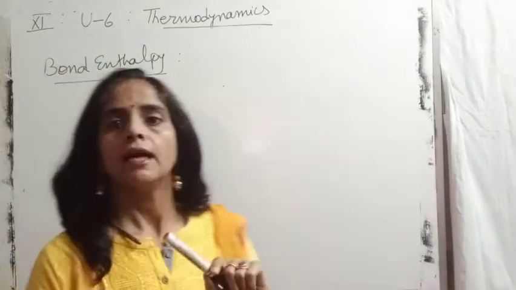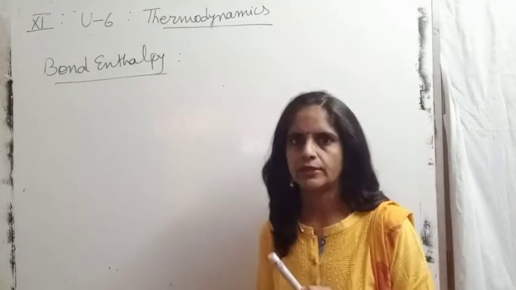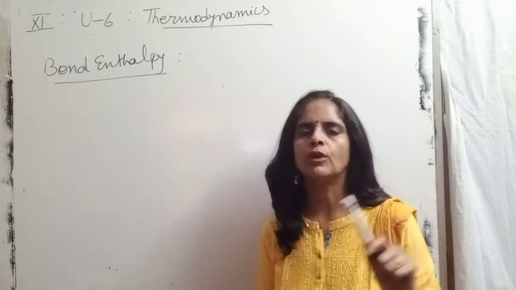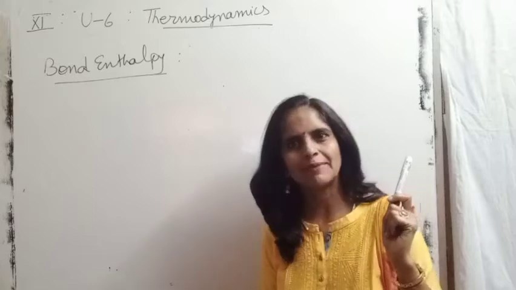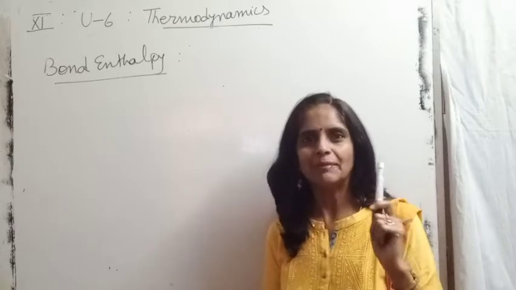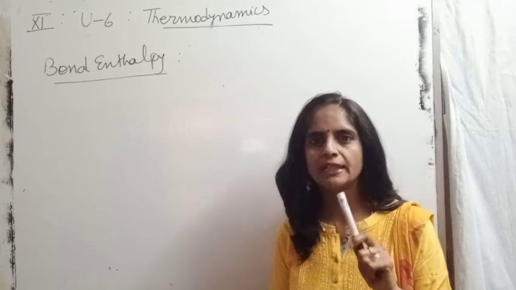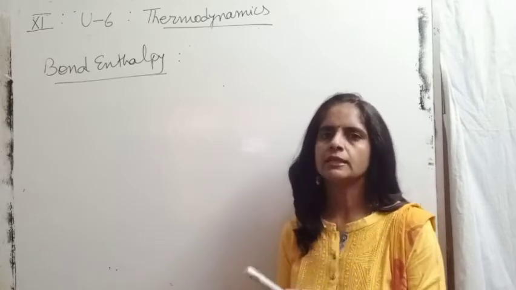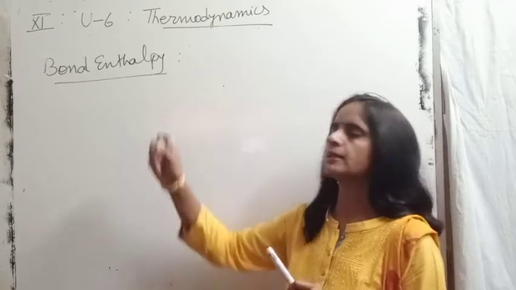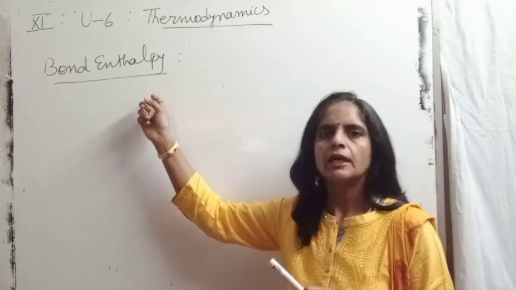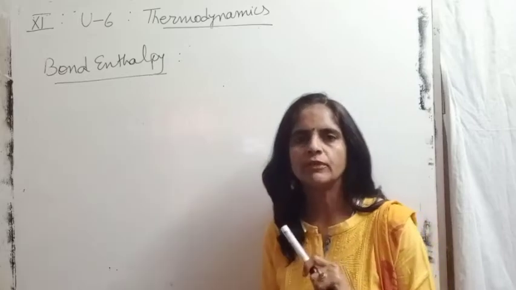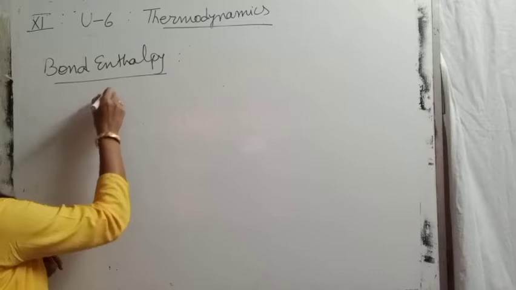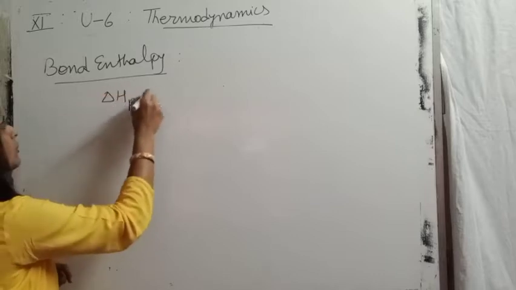Next we have the definition of bond enthalpy. This is the amount of heat required to break the bonds in 1 mole of a compound. That is termed as bond enthalpy. And with the help of bond enthalpy, we can easily calculate the enthalpy of reaction or heat of reaction.